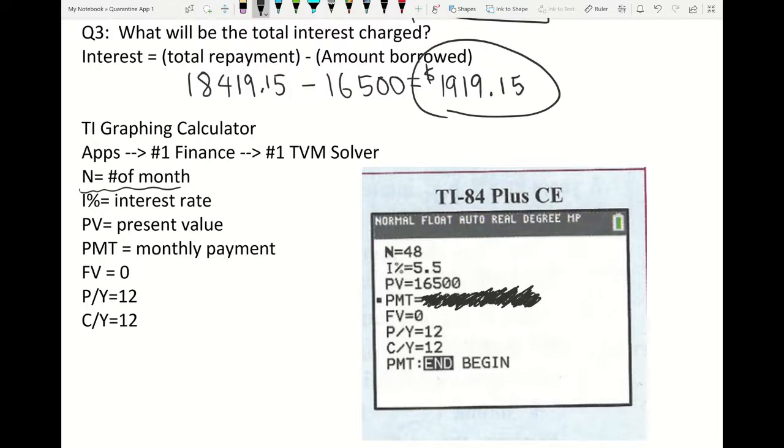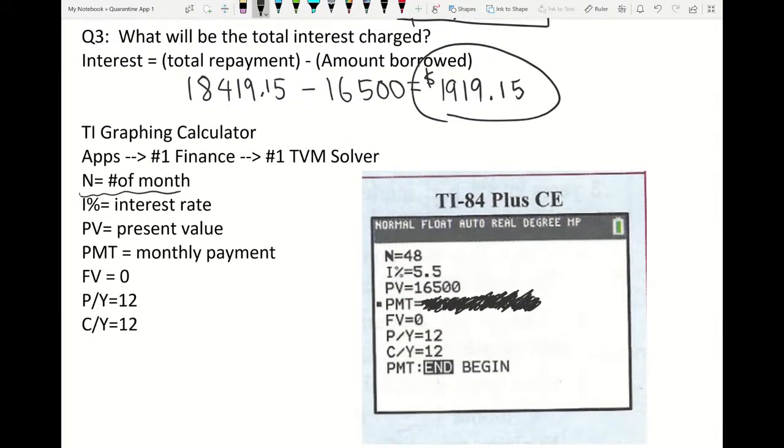You don't want to owe anything after 48 months. So the future value is going to be 0. The last two numbers, P/Y and C/Y, payments per year and compounding cycles per year, are both 12 and 12.